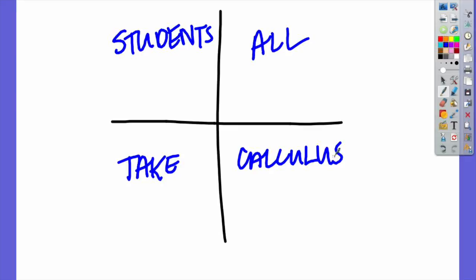This is a good way to remember what I'm about to say. This stands for something. This basically stands for which trig functions will be positive in which quadrants. First off, All is in quadrant 1. Students is quadrant 2, take is quadrant 3, and calculus is quadrant 4.